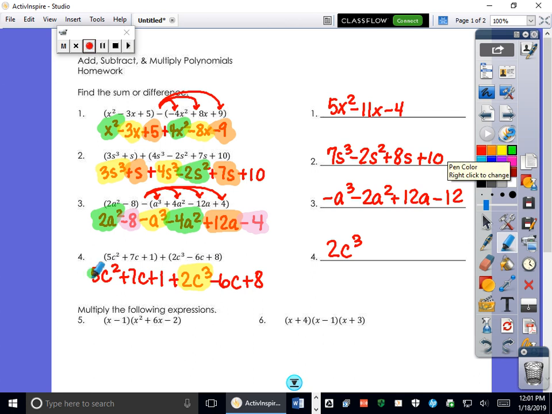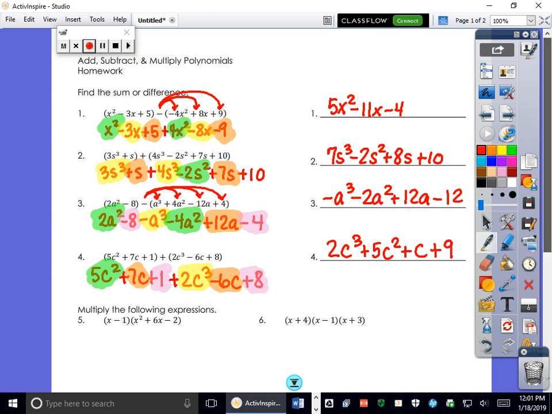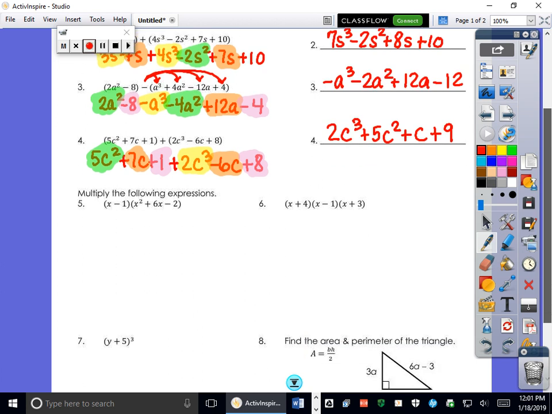And then we have a 5c squared, not combining with anything, so notice we just write the term by itself. Then we have 7c and minus 6c. So 7 minus 6 is 1c. And last we have the 1 and the 8, which would make 9. Okay, so that's addition and subtraction.